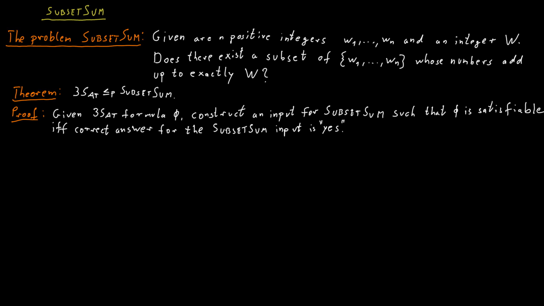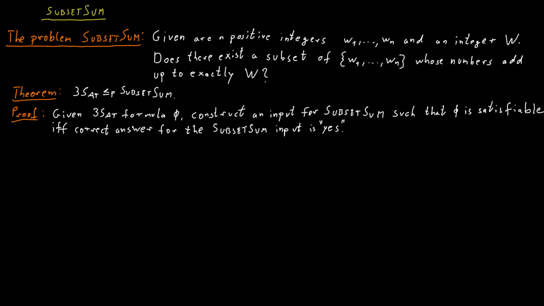For SubsetSum, the decisions we make are also somewhat binary, because we have a set of numbers, and for each of them we have to decide whether to include them in the subset we are constructing or not. So there's also for each number a sort of binary decision here.